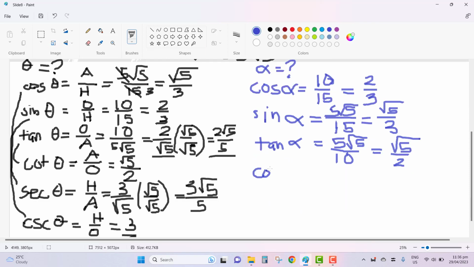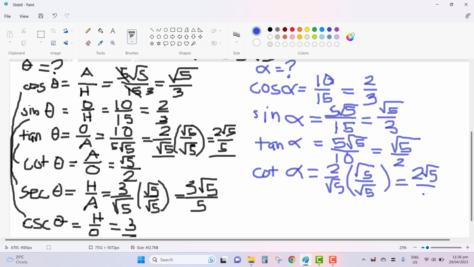Cotangent alpha is the reciprocal of your tangent alpha. So the reciprocal of that is 2 over square root of 5. And to rationalize it, we always rationalize denominators when they have a radical expression. So you have 2 square root of 5 over square root of 25, which is 5.